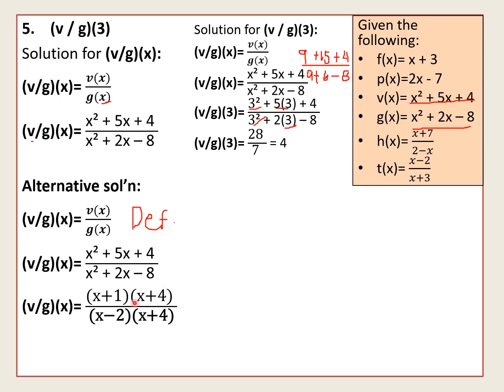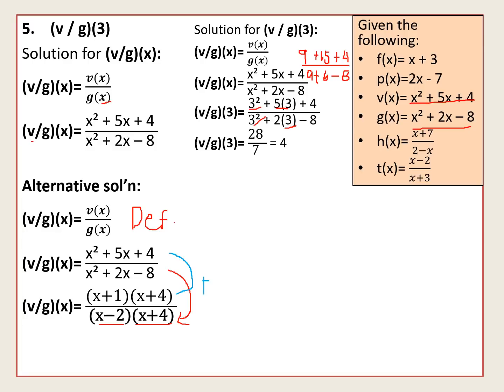As you can see, we have the same factors here. The factors of x squared plus 2x minus 8 are x minus 2 times x plus 4. Let me repeat, the factors of x squared plus 2x minus 8 are x minus 2 and x plus 4. Then, the factors of the numerator x squared plus 5x plus 4 are x plus 1 and x plus 4.